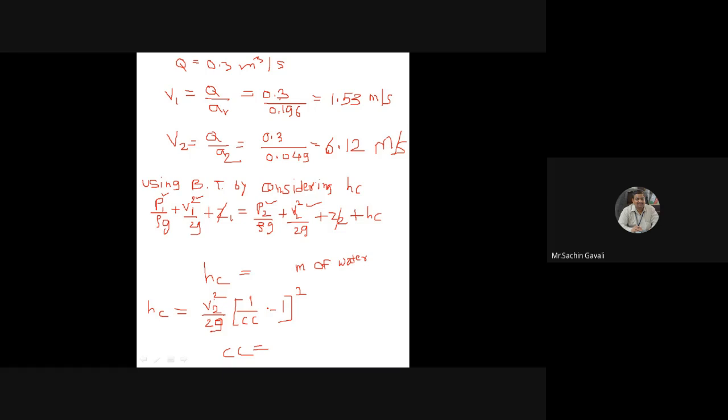That is not the case. We'll check the answer from the book. This is a solved numerical from the book I have taken, so that we can confirm our answers.